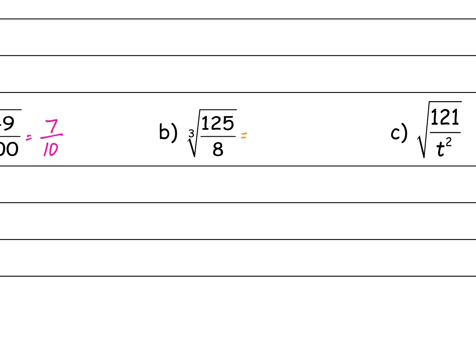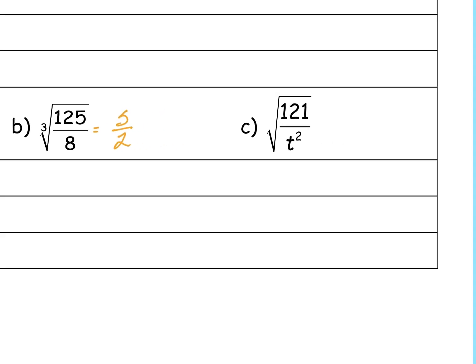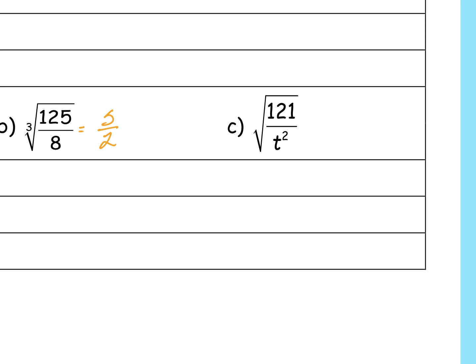Yeah, good. 5/2. Beautiful. The square root of 121 over t squared. 11 over t. Beautiful.